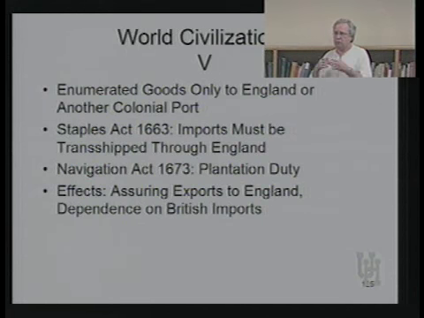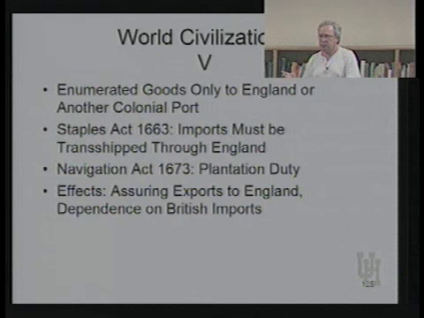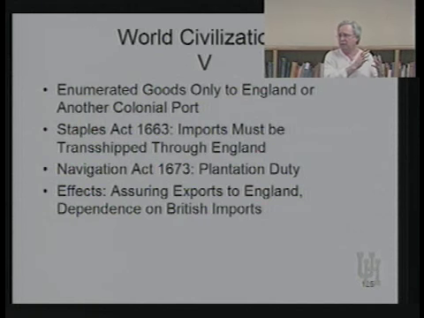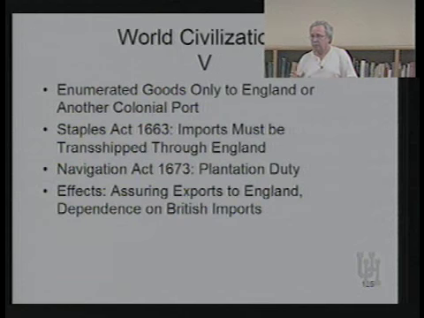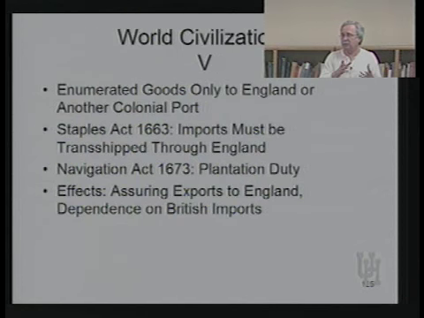The colonies were to produce agricultural products, raw materials that the English economy could use, and England would sell manufactured goods like glass and hardware to the American colonies. Along the way, because of the closed system, the American colonists would have to accept prices for their goods dictated by British merchants.